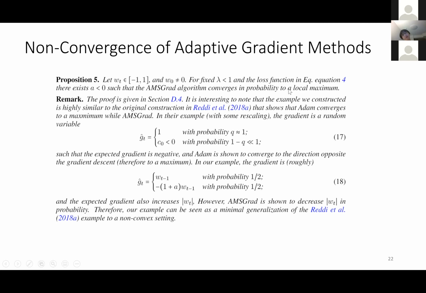In particular, it will converge in probability to a local maximum. It is also worth remarking that the example we consider is similar to the original example in Reddi et al. 2018, which shows that Adam doesn't converge. So this is, in essence, the Reddi example, and this is our construction.